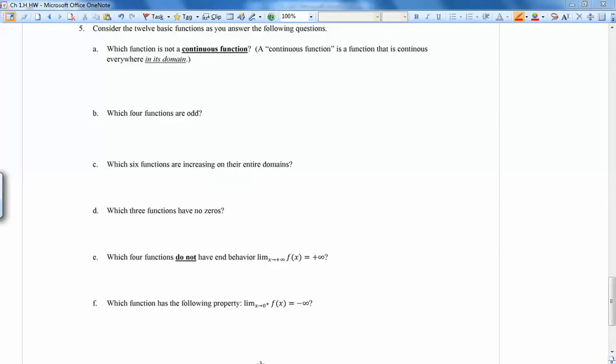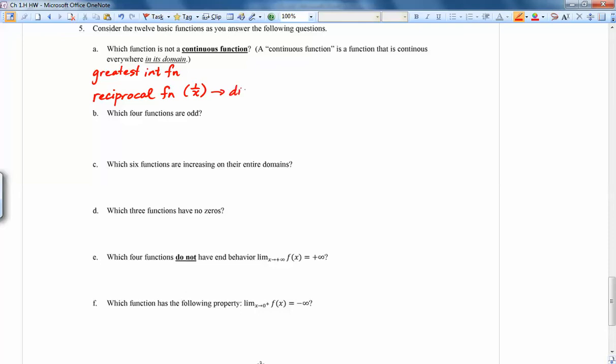So the two functions that aren't continuous are the greatest integer function and the reciprocal function. Now remember, the reciprocal function is 1 over x. The place that this is not continuous is at 0.